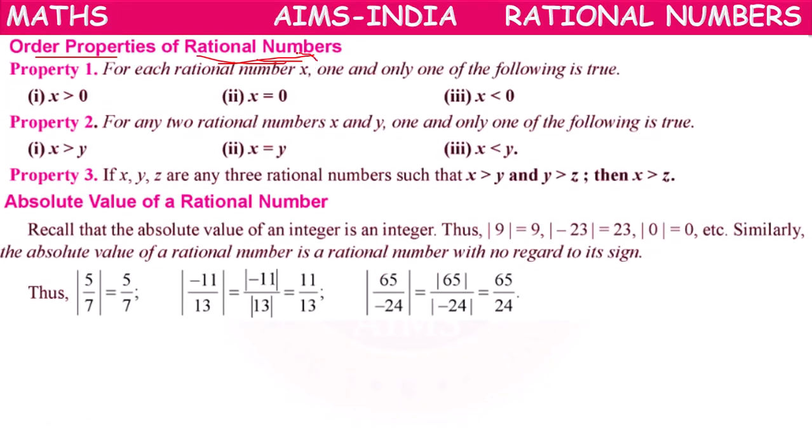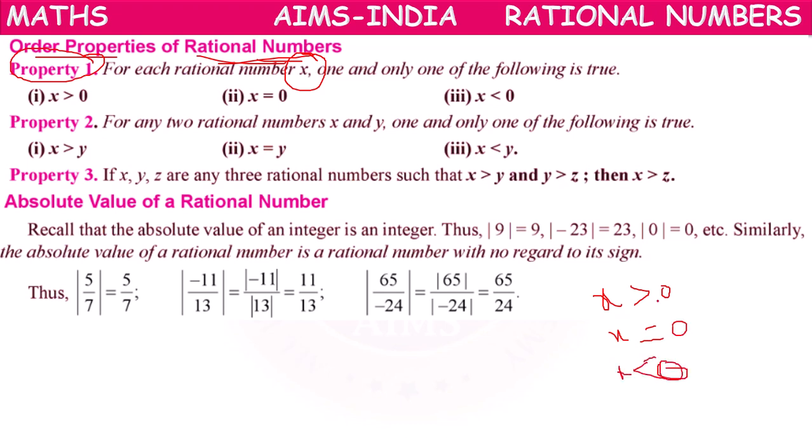If you have a rational number x, only one condition is possible at a time. According to property 1, it may be greater than 0, or equal to 0, or less than 0.